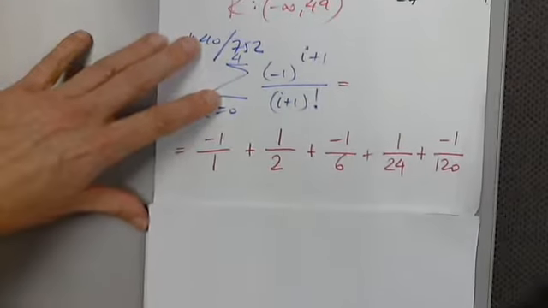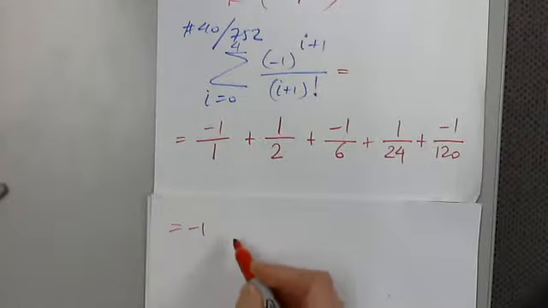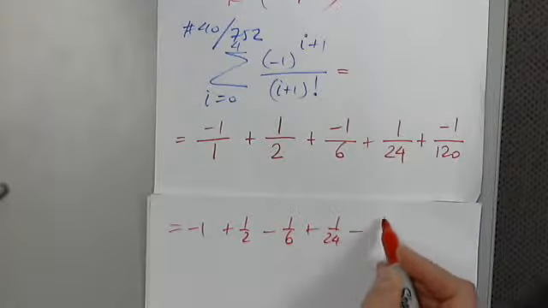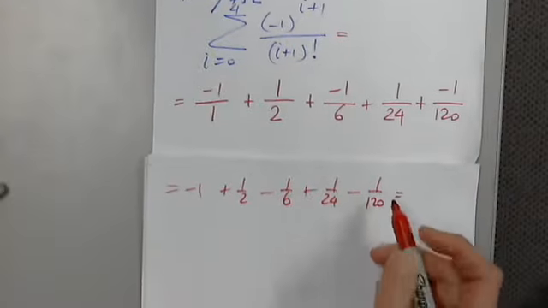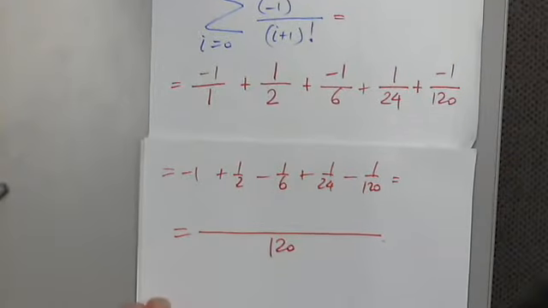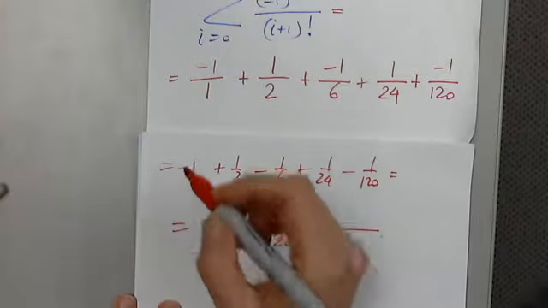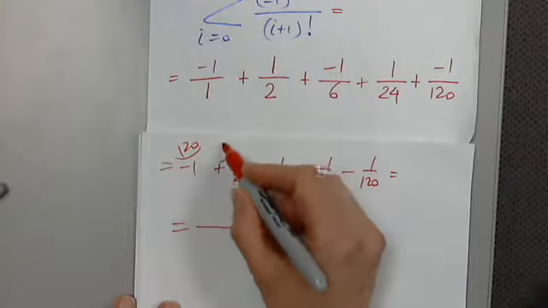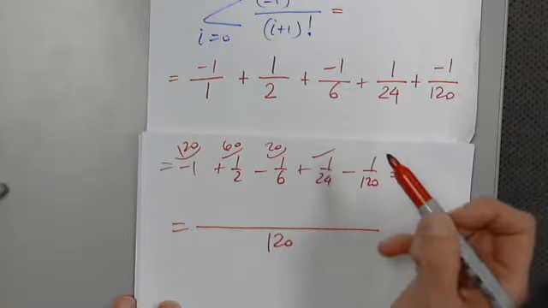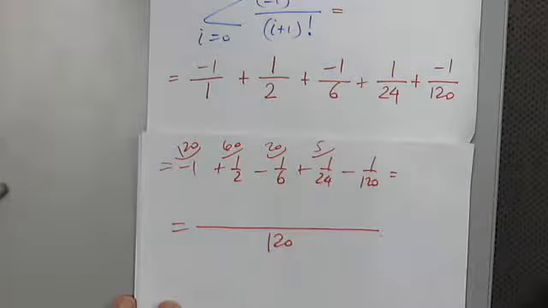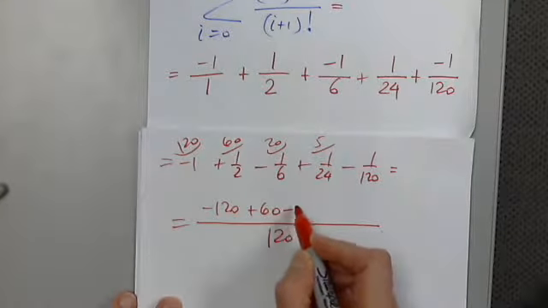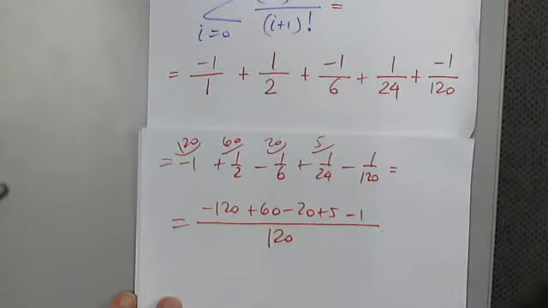Okay, so the first one is negative 1, and then plus 1/2 minus 1/6 plus 1 over 24 minus 1 over 120. And of course, the least common denominator will be 120. So 120 here, 60 here, 20 here, and 5 here. Negative 120 plus 60 minus 20 plus 5 minus 1.